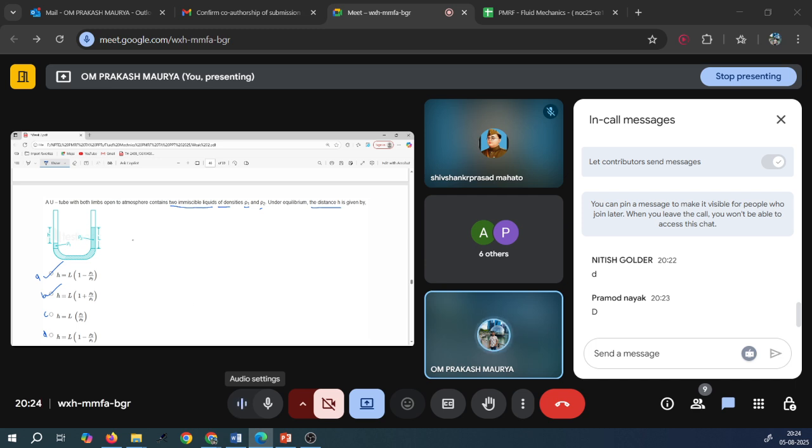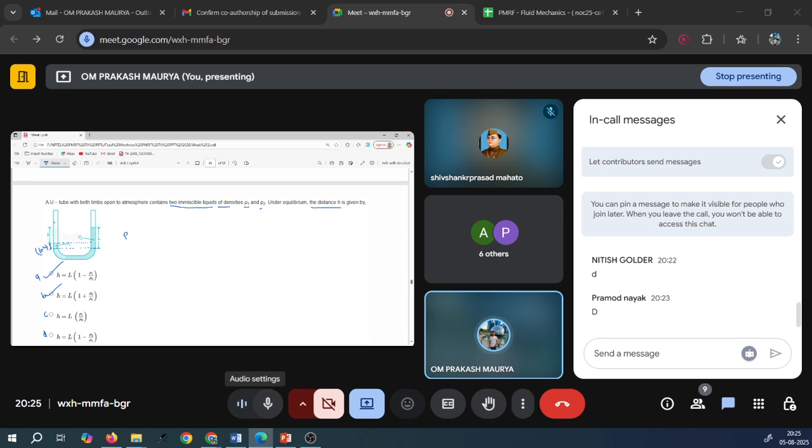So let me just write the answer. So this is H, and if you draw one line here, and a line here, so this height will be L minus H. So if this is rho 1, what will you write?